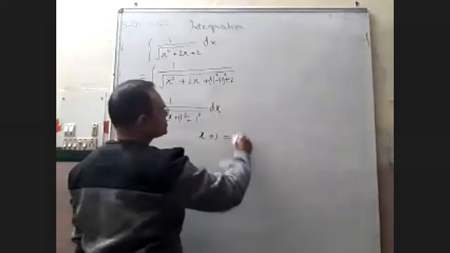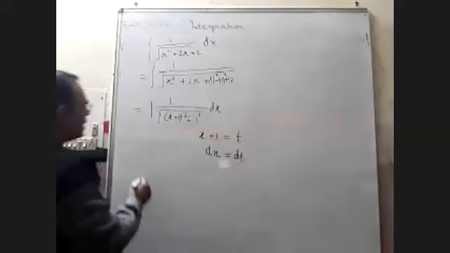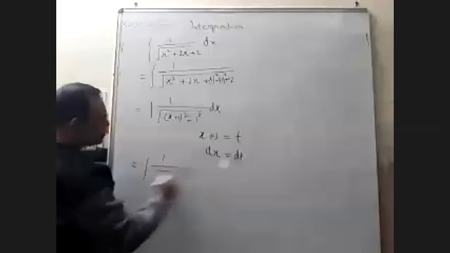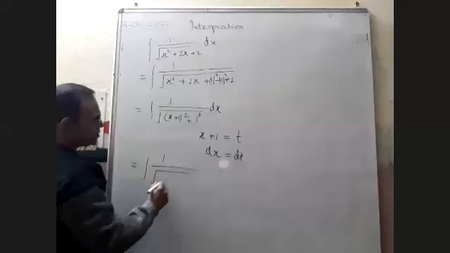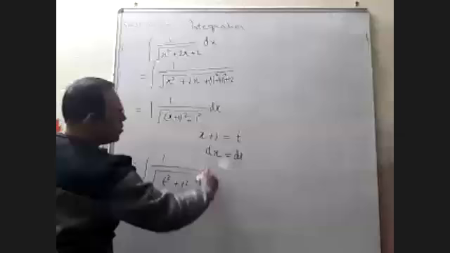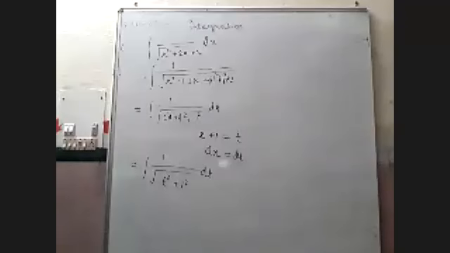so dx is equal to dt. Then it becomes 1 upon under root of t square plus 1 square dt. Now it is in the standard form. What is the integration of 1 upon root x square plus a square?